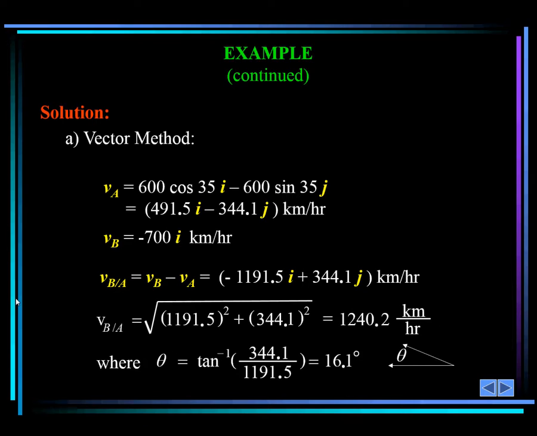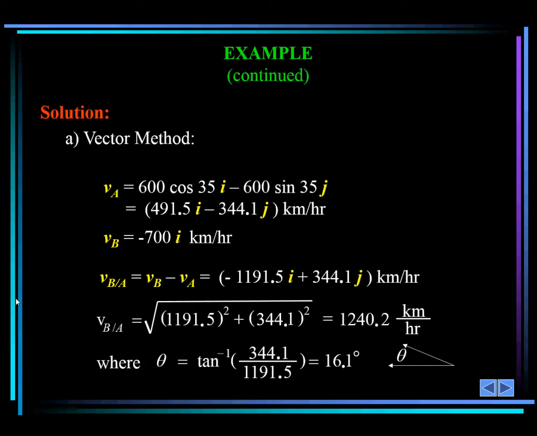So if you use the components there to do the sum, then you end up with a vector that says minus 1191.5i plus 344j.